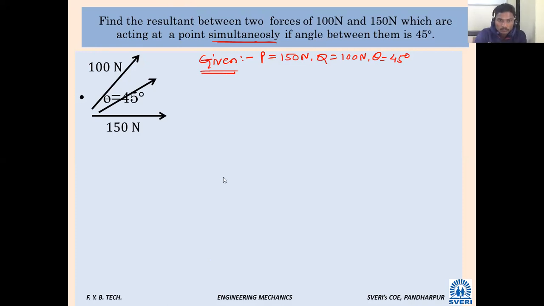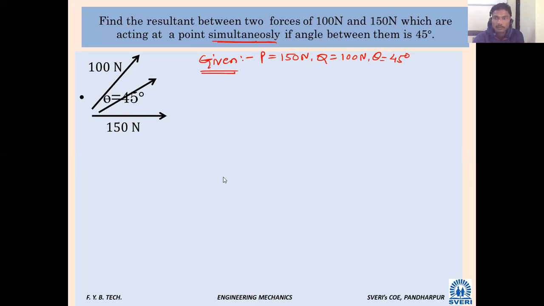I have told you the criteria on the basis of which you have to say this force system falls under the law of parallelogram of forces. On what basis do we say this problem comes under the law of parallelogram of forces? How many forces are given? Two forces are given, again acting simultaneously, and the angle between them is given.